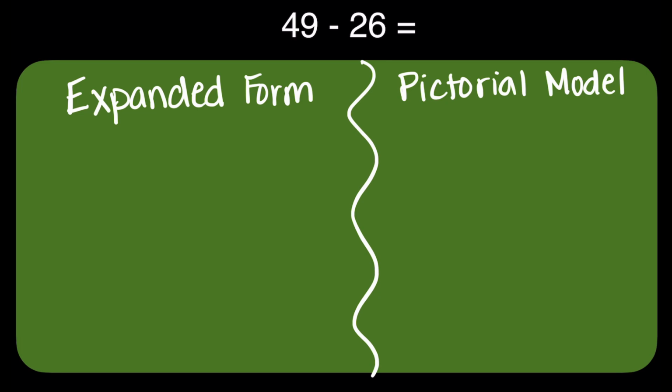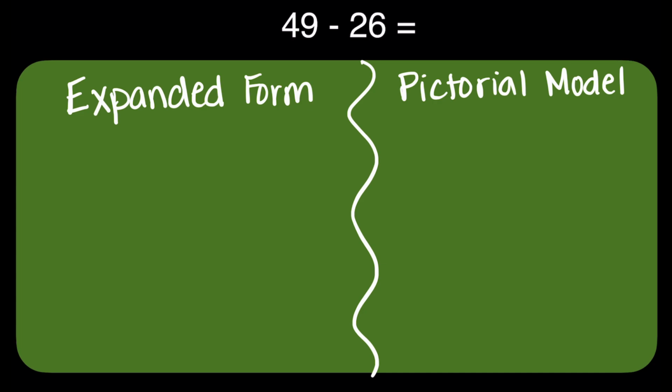Okay, our last problem for today is going to be 49 minus 26. So I want you to write the subtraction problem somewhere on your paper and make sure that you have 2 spots available to show expanded form for 49 minus 26 and pictorial model for 49 minus 26. Remember that subtraction is separating.